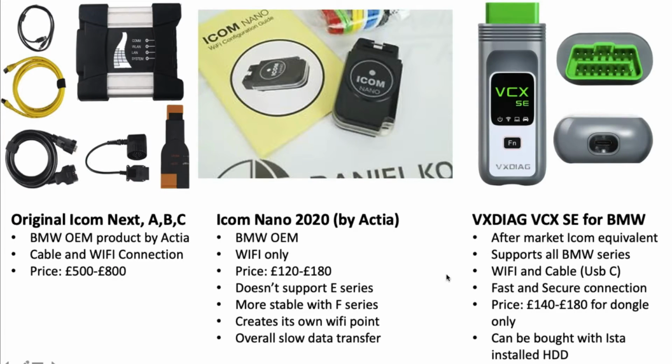If you'd like to bundle your dongle with a hard drive or ISTA software, it can be done on the internet. In the meantime, just to let you know that I'm not promoting any of these products, I'm just showing you the options for how to connect your BMW car to your ISTA software.